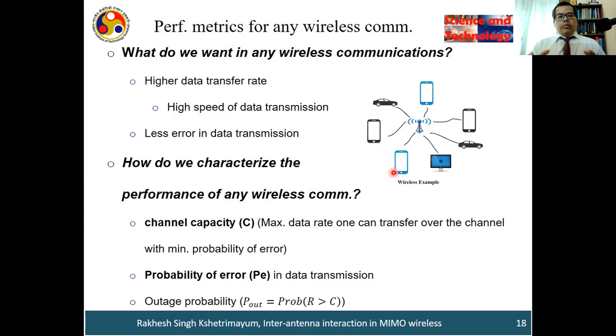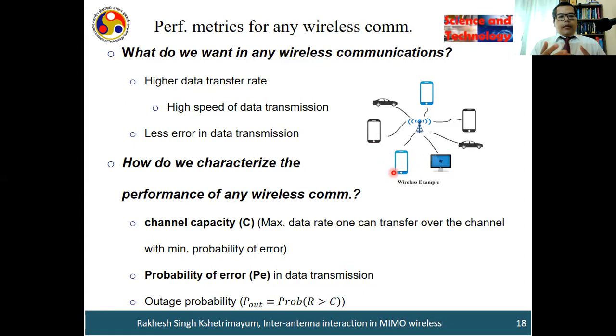This is the user's point of view. We want a higher data transfer rate, higher speed. That's what laypeople usually want. We want a higher speed in data transmission. And moreover, when we download a movie or video, we want it downloaded very fast. But sometimes we have a very high data speed, yet when we download, there's a lot of error. You cannot watch the movie or the video.